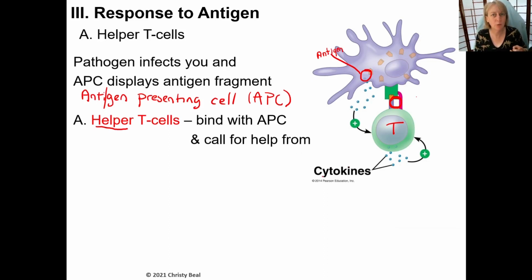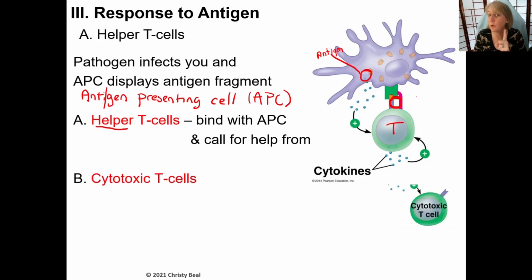We've heard of cytokines before. Any memory of cytokines? Just from the last lecture. These are paracrine localized signaling molecules that stimulate the immune system.